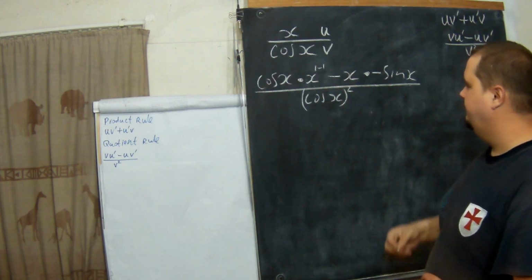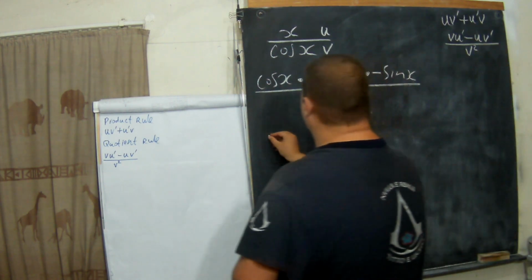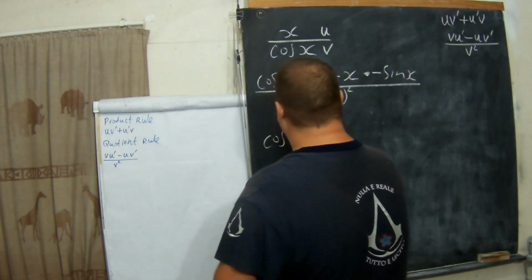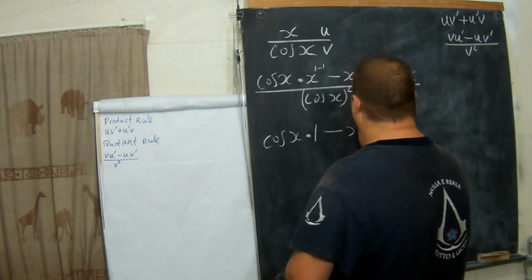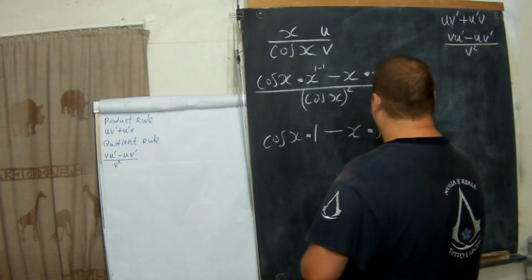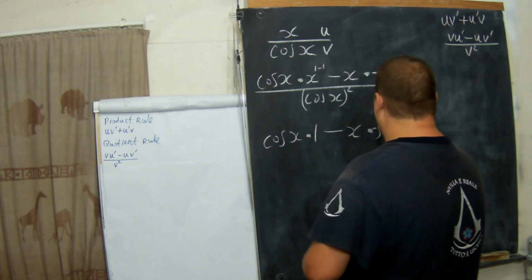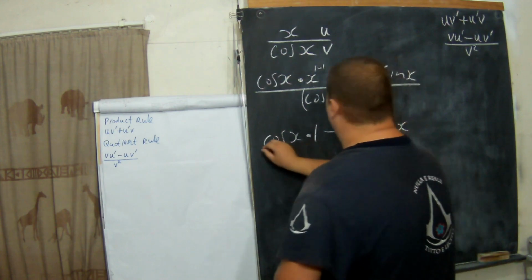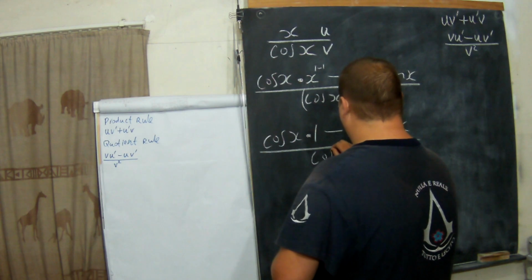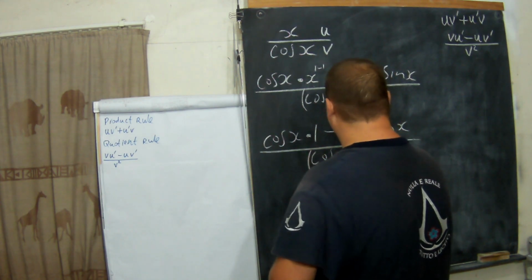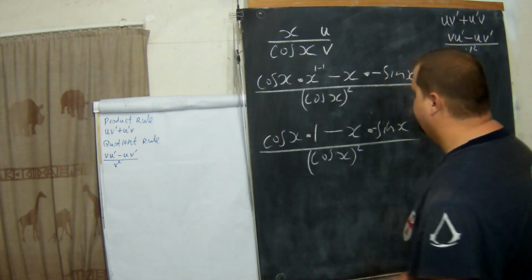So the derivative of x is 1. So it's cos x times 1 minus x times minus sine x, all over cos x squared.